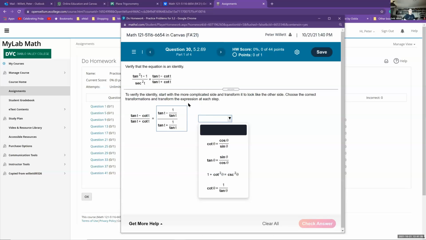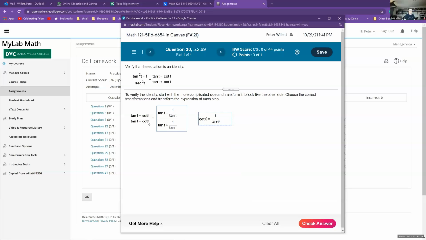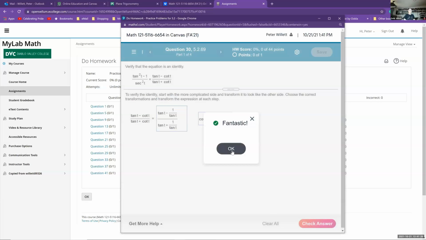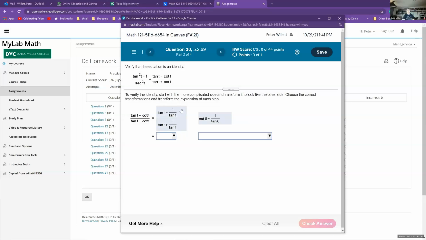What allowed me to do this is the fact that cotangent is equal to 1 over tangent, so I replaced each of these cotangents with 1 over tangent. So I choose that transformation, give this justification, and check that. This is how they're trying to give you a verification problem and help you work through the steps.